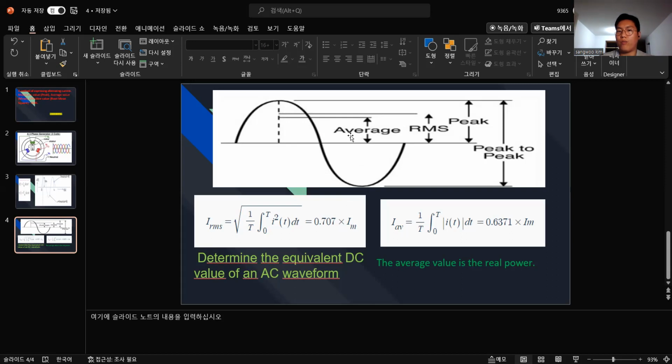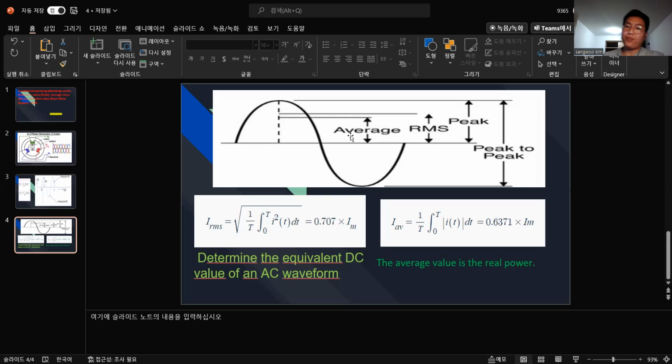You know what I mean? We want to know the AC's value as a DC value. That is RMS. Okay, that's it. And we generally use RMS values when we use an ammeter or whatever. Generally we use RMS values.